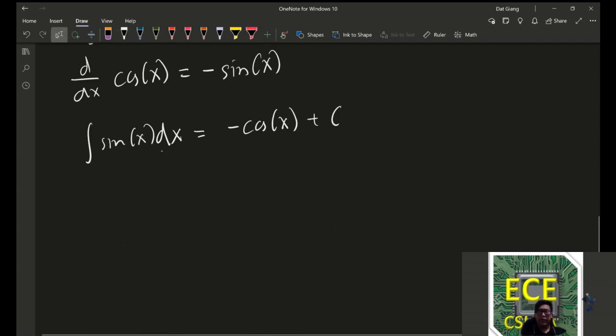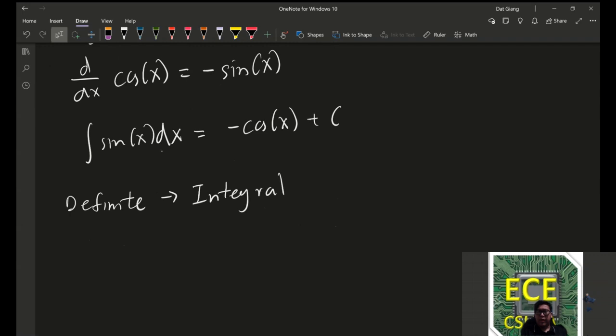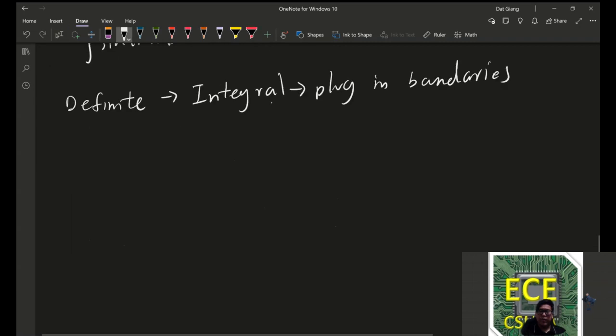To use the definite integral, we have to first integrate, and then we have to plug in boundaries. And in general, it follows top minus bottom, so to speak.